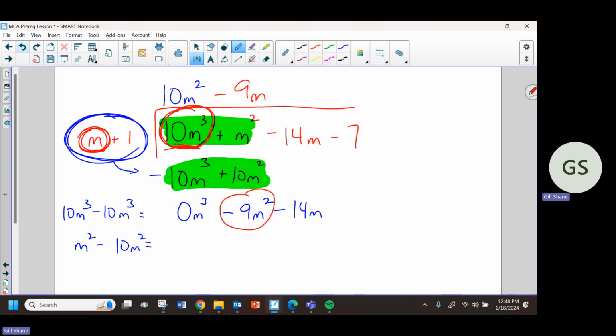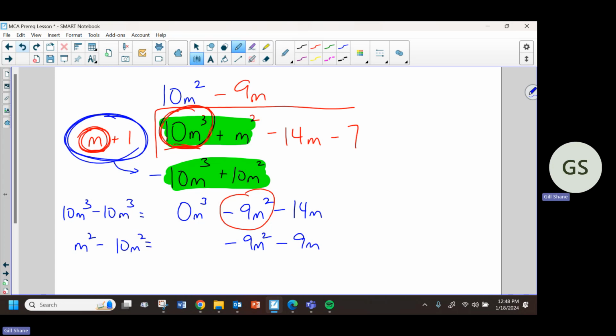So now when we do the multiplication, again, we're just repeating. We have to multiply negative 9m times the entire thing. So what do we get? And now here's one of the tricky pieces. Correct.